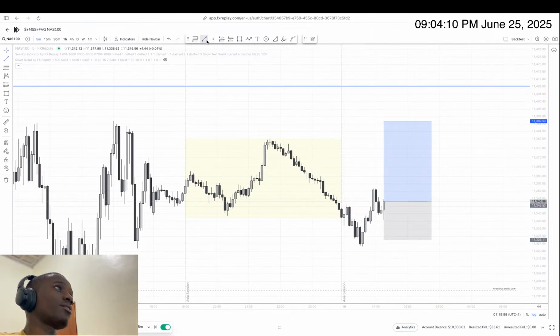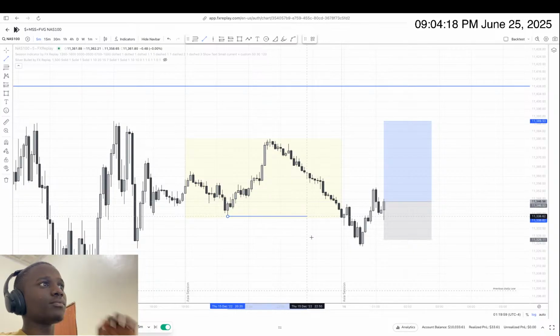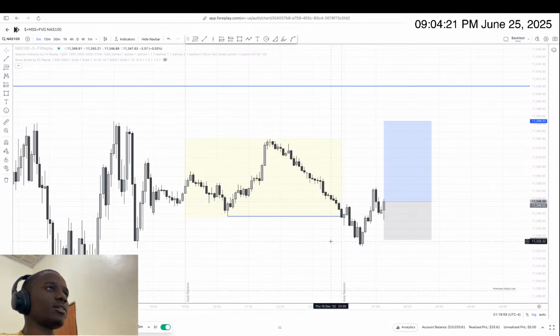And let me mark the reasons why I'm entering this trade. So first, we have equal lows right here, a very great point of liquidity. I'd first like to mark the liquidity this way.